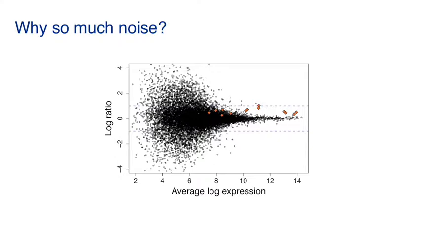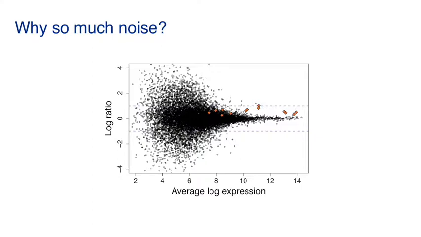One of the things that we see is that when the expression is low down here, there seems to be this explosion of noise. Low expressed genes, that is a problem. So if this is your data, what you should see is these orange guys up here and all the black points near 0, and that's not what you're getting, then there's a problem.